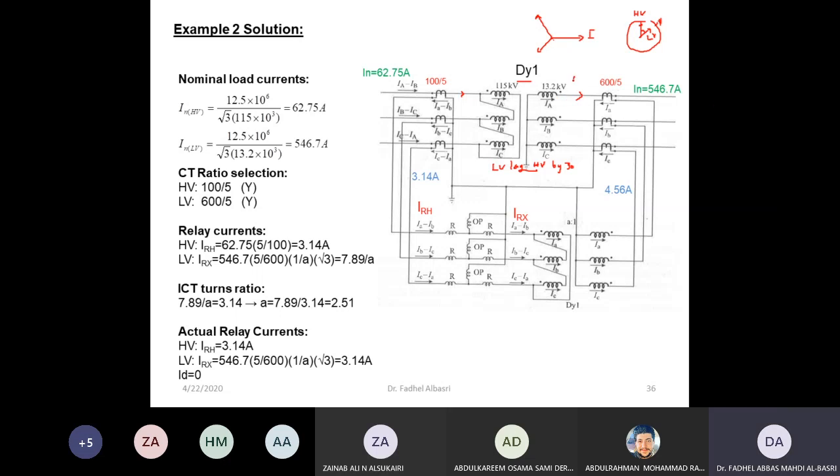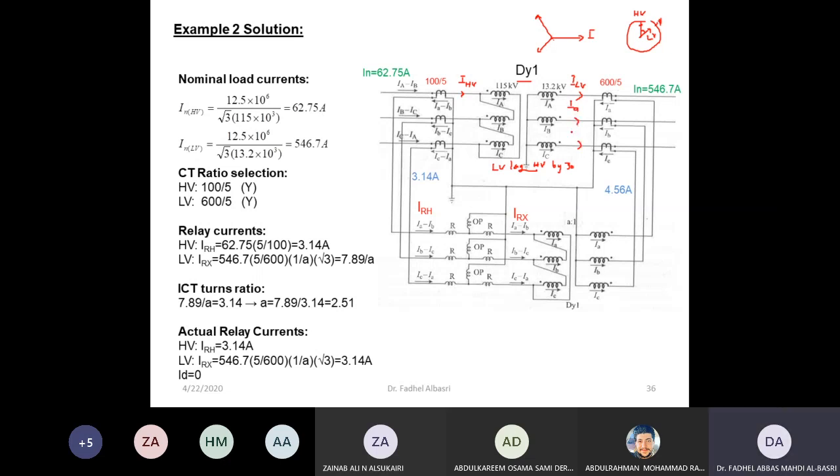Okay, so this is I LV, this is I HV. This lags this by 30 degrees. So this connection gives me this. If you look, this is IA, IB, IC. Okay, suppose this is IA. Just practice it.